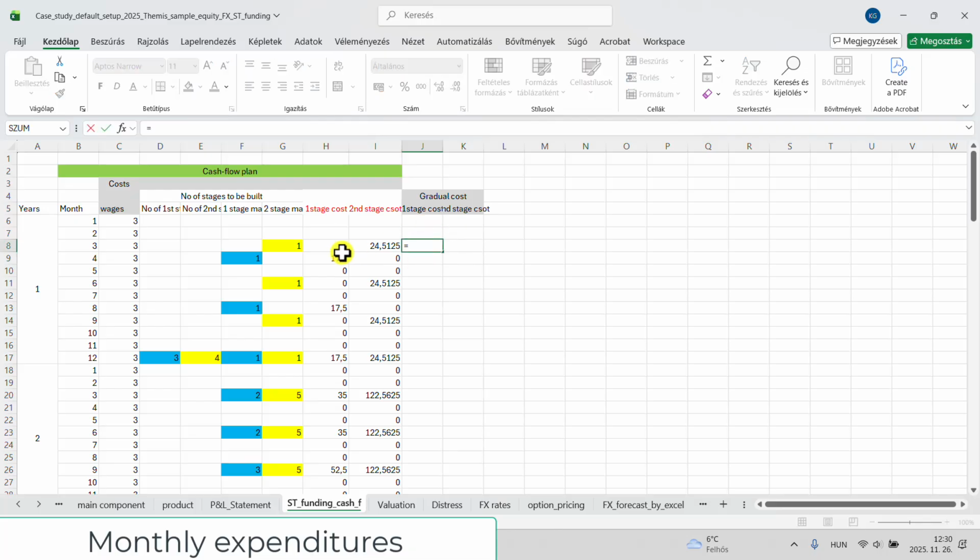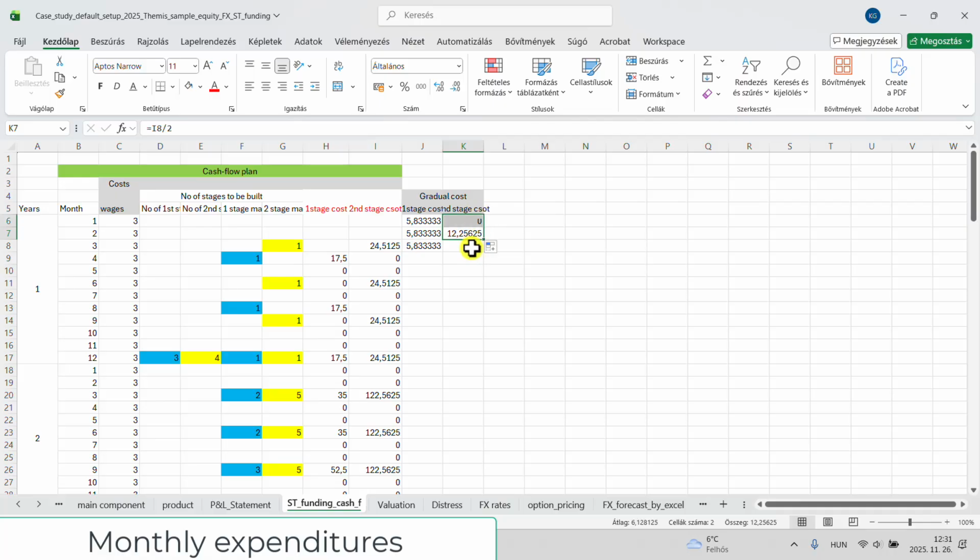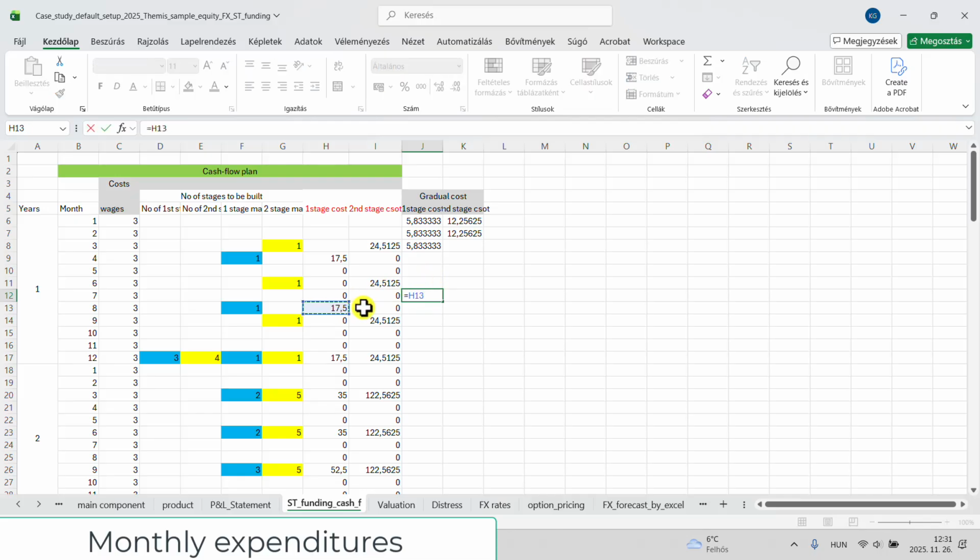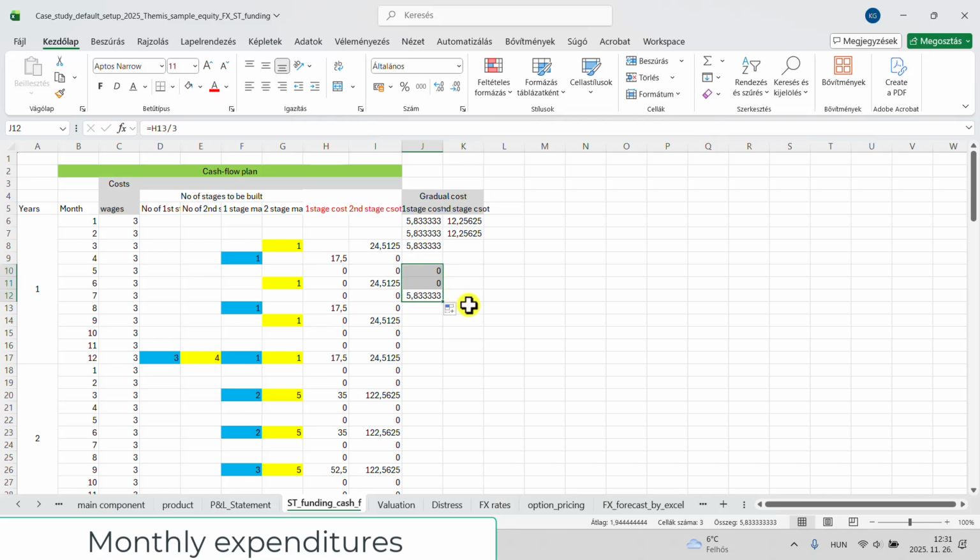Because now we can see that, okay, this divided by three, this divided by 2, and after that, how can we make this nicer?